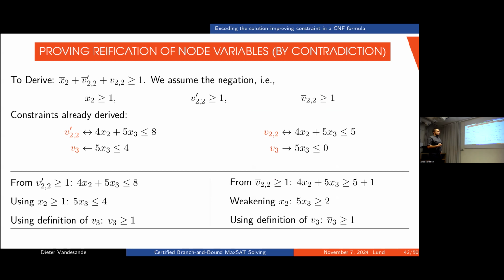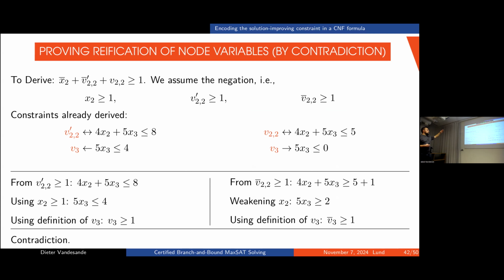And if I just add literal axioms to weaken x2, so to remove x2 from that constraint, I get 5x3 greater than or equal to 2. Well, this one is false, so that means this one is false as well. So I derived, using the definition of V3, that V3 is false as well. But that's in contradiction with this one. So indeed, we have found a contradiction.